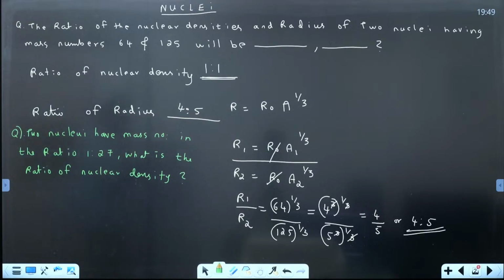What is the ratio of nuclear density? What is the answer?